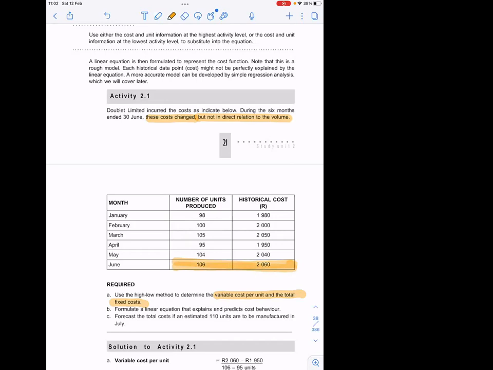And the lowest level of output is 95. Using the high-low method, all the other activities, as long as it's not the highest, not the lowest, it does not matter. You don't need it, only need 2. The highest and the lowest level of output, you deal with those and their respective cost.